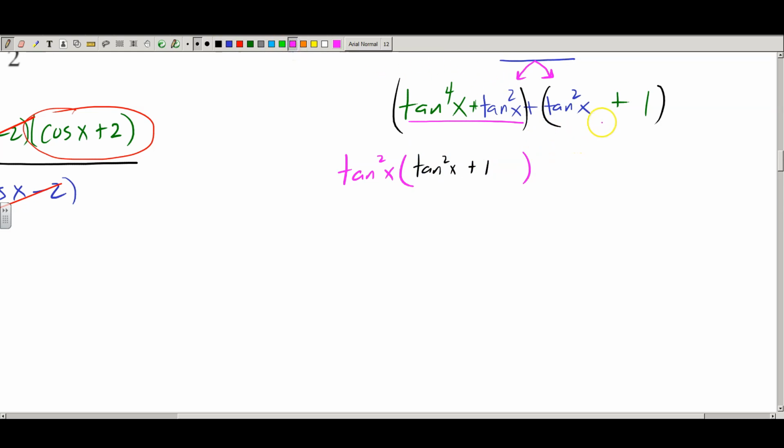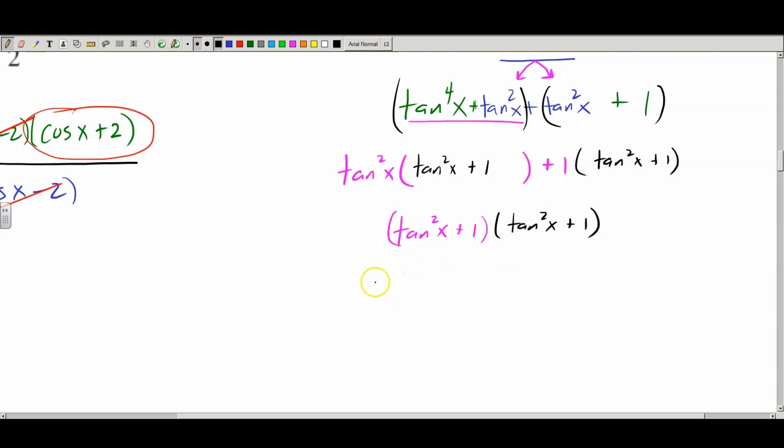And then the second parentheses would just be plus 1. There's nothing you can take out there, so I'm just going to put a plus 1 there. And then that would just remain as tan squared x plus 1. So when you factor this, this just becomes tan squared x plus 1 times tan squared x plus 1.